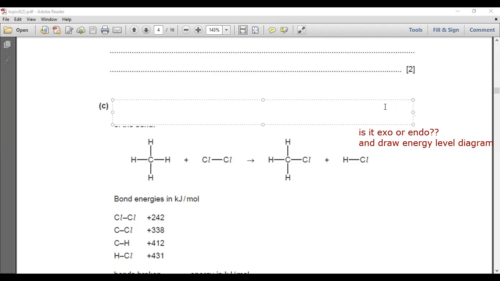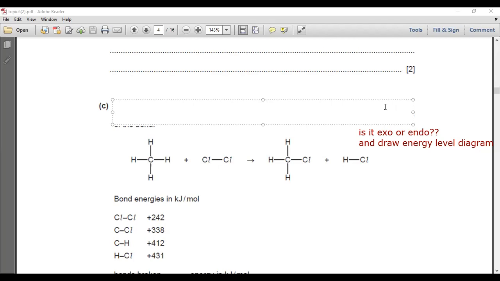Okay, amazing. Four C-H bonds, 412, energy in. Multiply 4 by 412, plus the Cl-Cl bond, energy in.